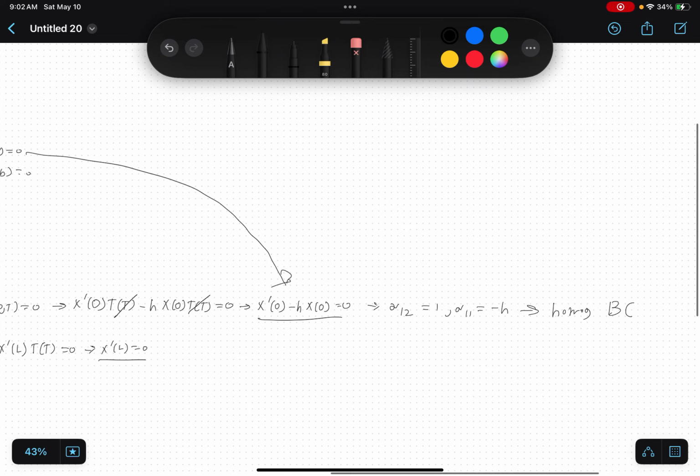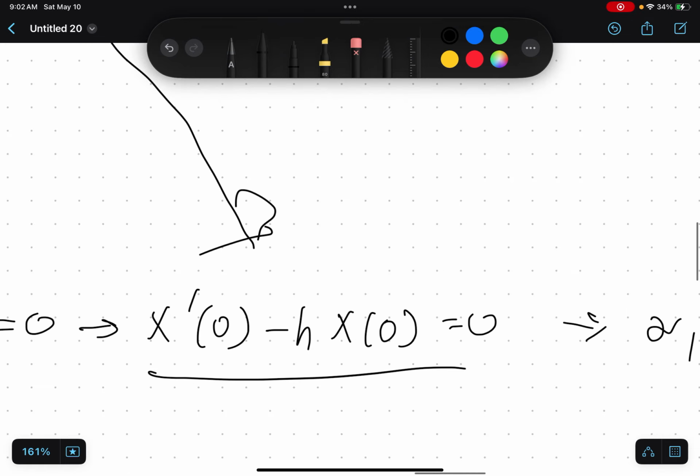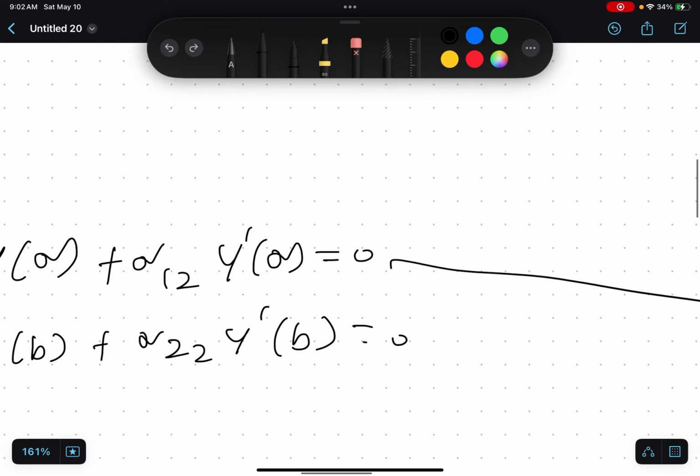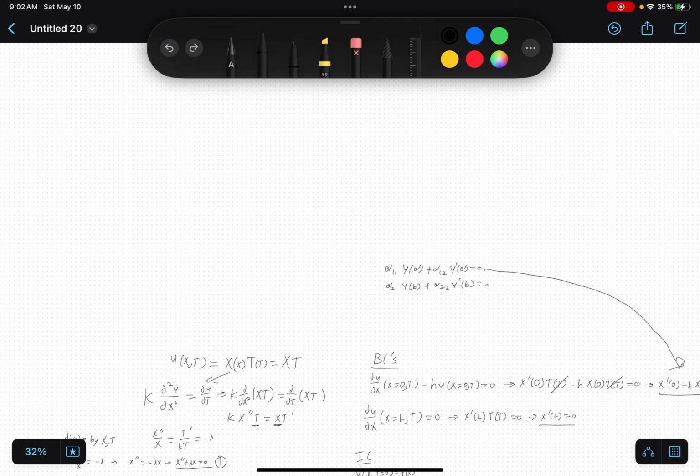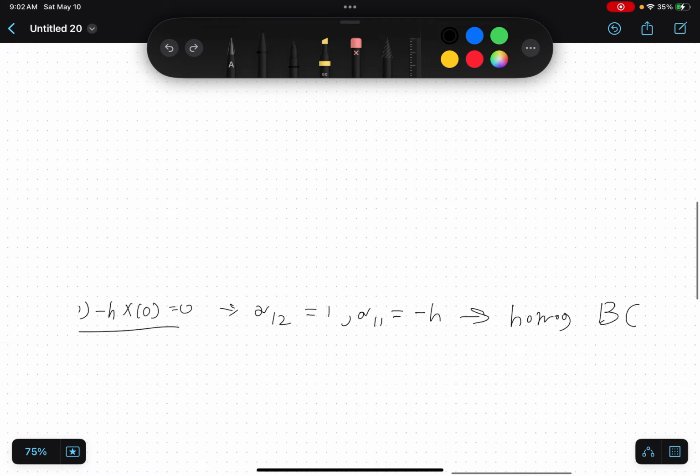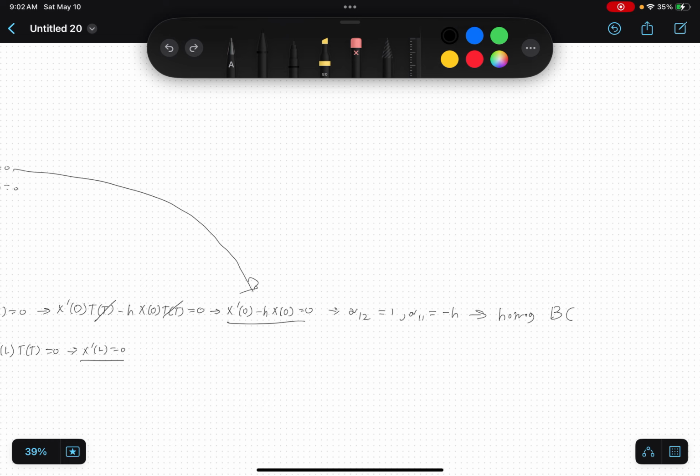The next thing, in front of the x, there's a negative h. So A11 has to equal negative h. Is that what I have? That is what I have. Okay, so that's how you can prove it's a homogeneous boundary condition.